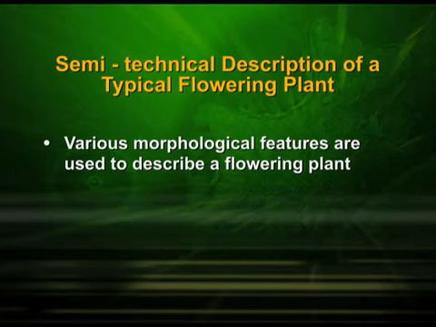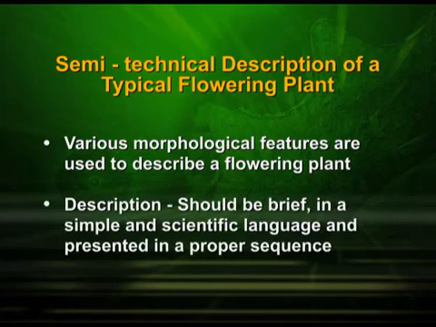There are certain semi-technical descriptions of a typical flowering plant, which become very convenient for us when we have to explain a flowering plant. The various morphological features are used to describe a flowering plant. The description should be brief, in a simple and scientific language, presented in a proper sequence.